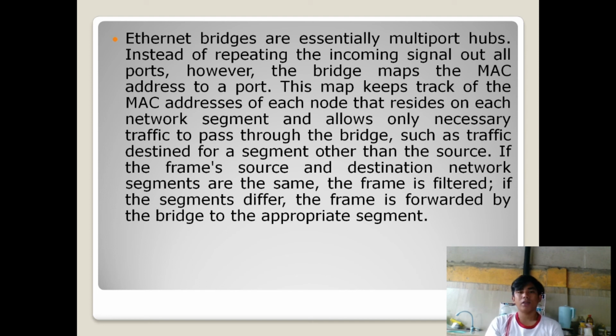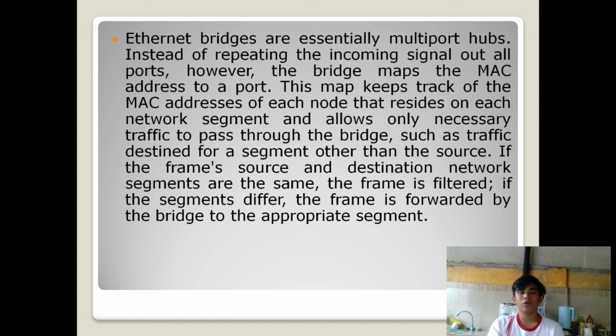Ethernet bridges are essentially multi-port hubs. Instead of repeating the incoming signal out all ports, however, the bridge maps the MAC address to a port. This map keeps track of the MAC addresses of each node that resides on each network segment and allows only necessary traffic to pass through the bridge, such as traffic destined for a segment other than the source.